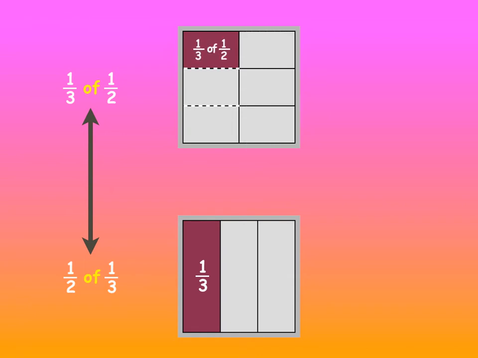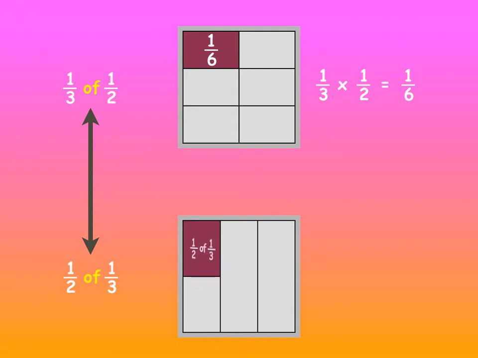Draw the extra lines, and we can see that that is 1/6. 1/3 times 1/2 is 1/6. Now down below, 1/2 of 1/3. So we take half of that third there, draw the extra line, and that also is 1/6. 1/2 times 1/3 is 1/6.